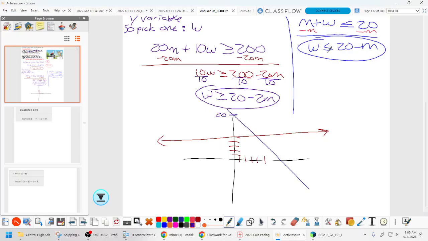How about this one? It also starts at 20, and what's its slope? -1, so it's going to be less steep. Okay, so then we look, we're above purple, below blue, and above red. I don't want to scroll again, but that's this little region right here.